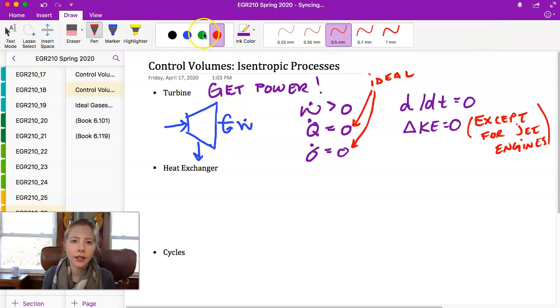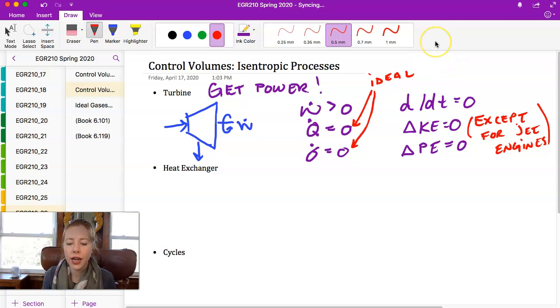Okay, and then lastly, the change in potential energy is 0. All right, and so the goal of a turbine is to get power.